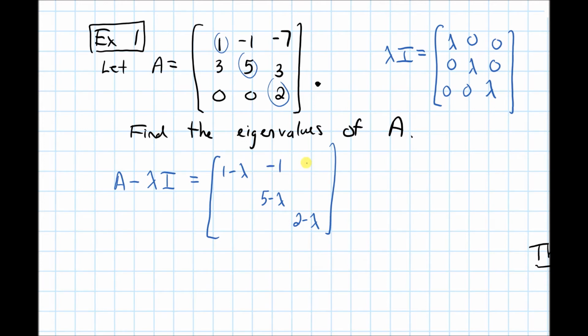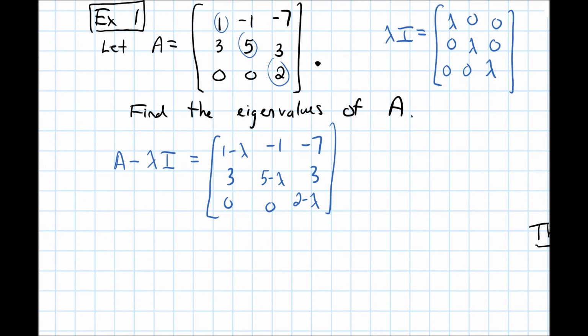So I'll still have negative 1, negative 7, 3, 3, 0, and 0. Okay, so I set up this matrix A minus lambda I. Now I want to take the determinant and then set that determinant equal to 0.